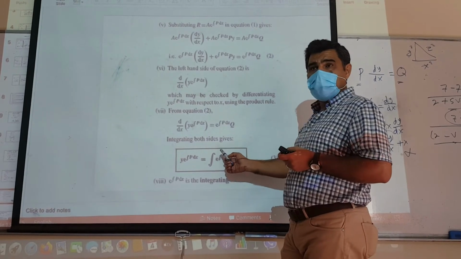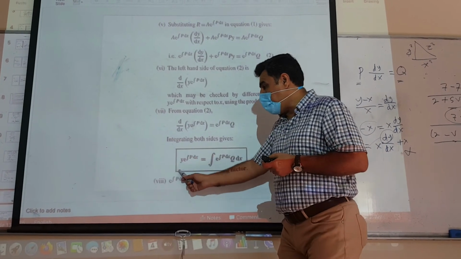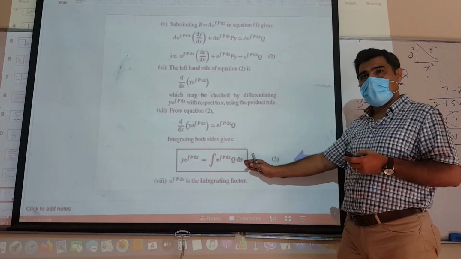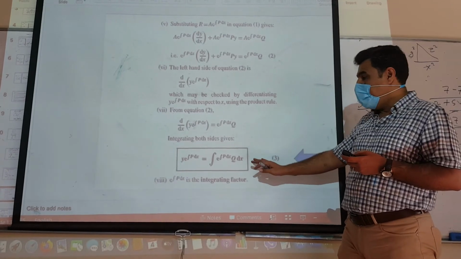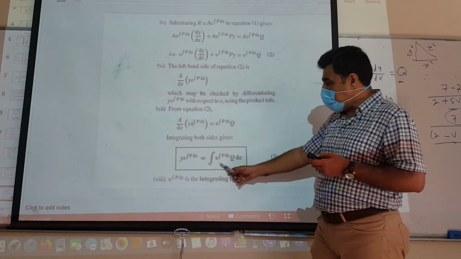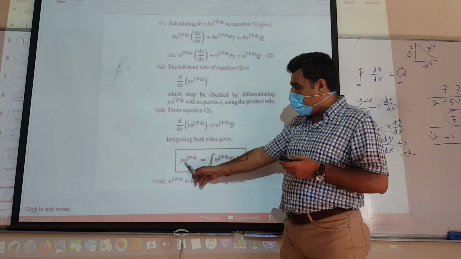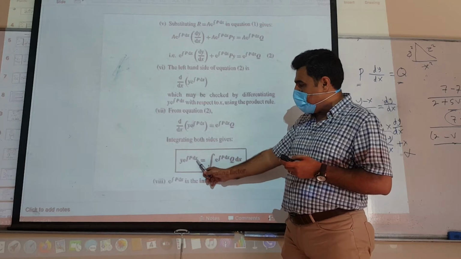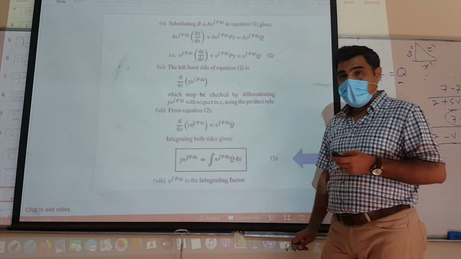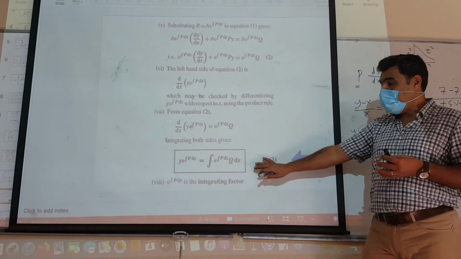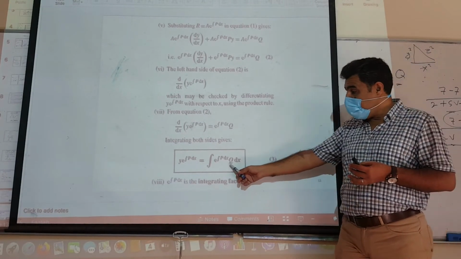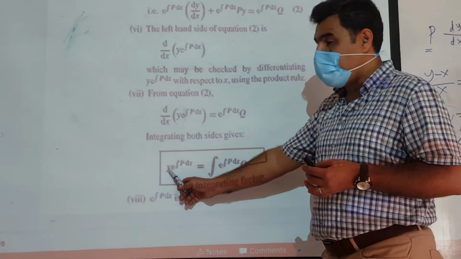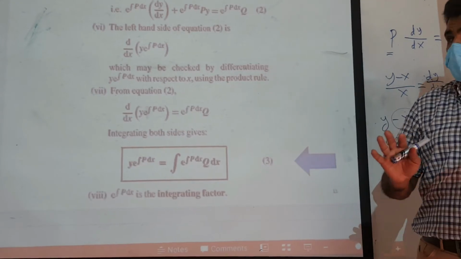We will go directly to solve the equation by using the result of this method. Now, you can see here y multiplied by e to the power integration P dx is equal to this part. So what you will need, you have an equation. You will need to find Q, you will need to find this part, you will need to find this part and rewrite the equation.